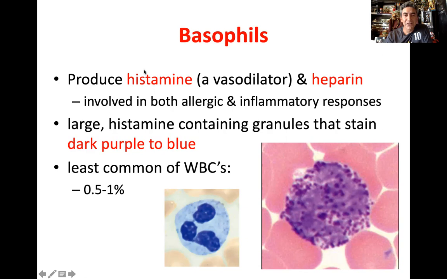We can blame allergies on histamine, which is a vasodilator. If you take antihistamines, things like Claritin or Benadryl, they reduce the amount of histamine to try to get that inflammation down. By itself, histamine will increase allergic reactions and inflammation.